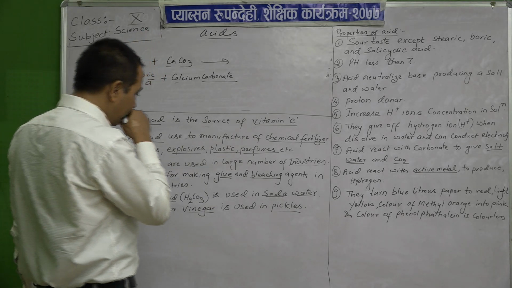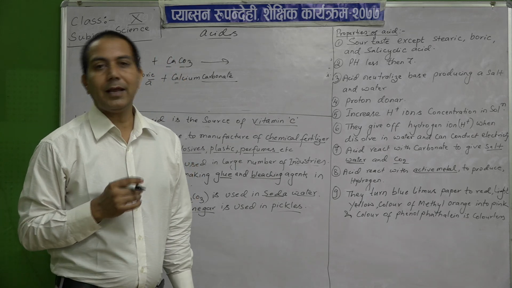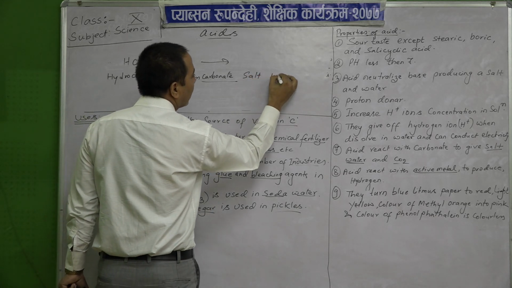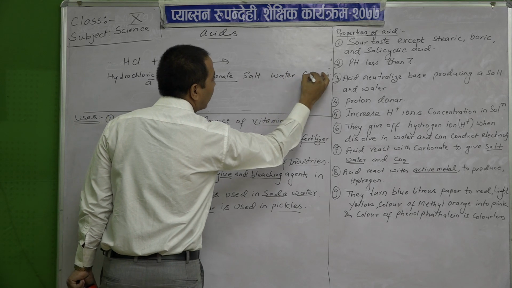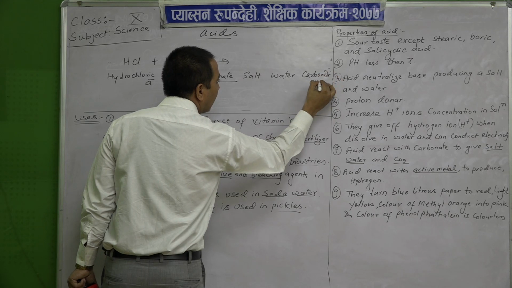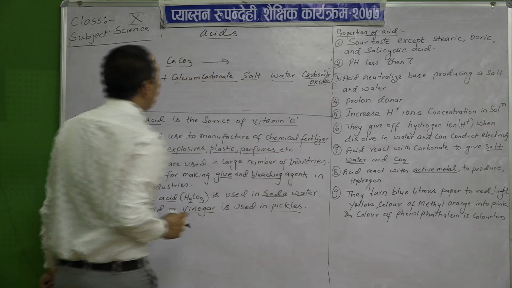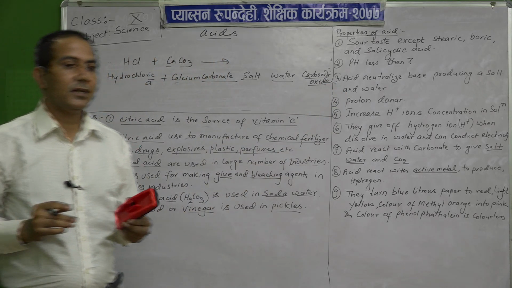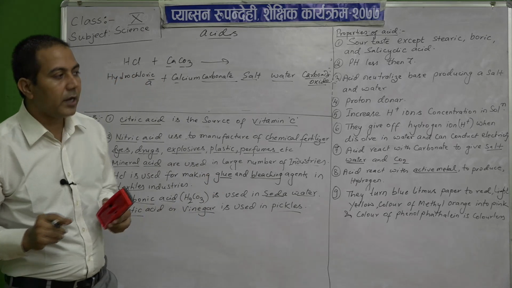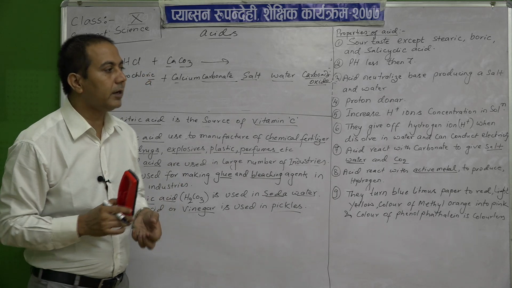They produce salt, water and carbon dioxide. When acids react with carbonate or bicarbonate, it will produce salt, water and carbon dioxide.